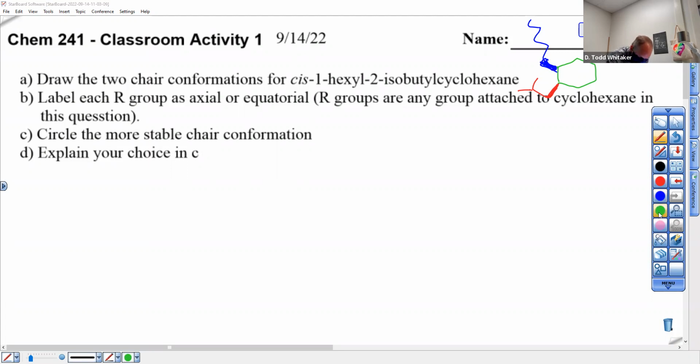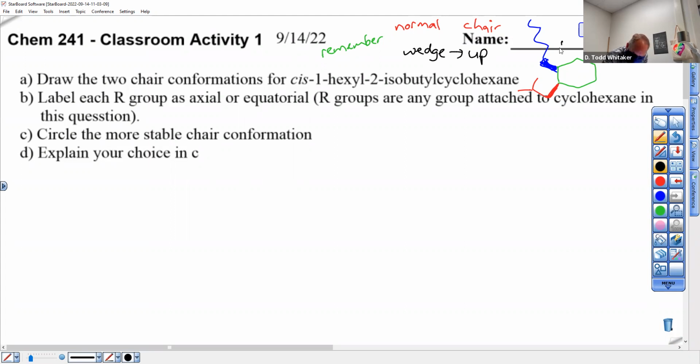Remember, for future reference, we got, in our normal look and our chair look, up in the chair comes from wedge in the normal drawing.